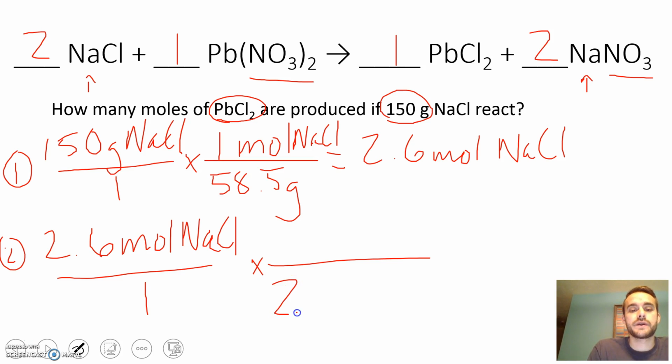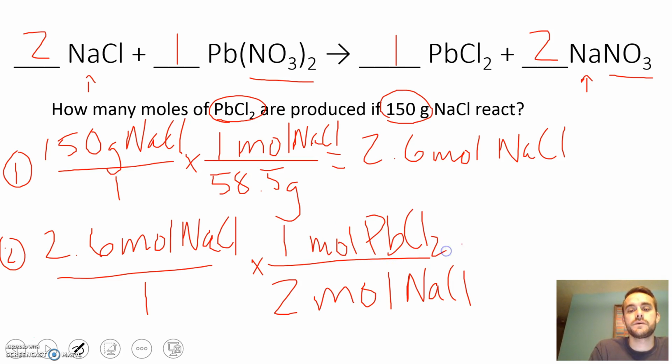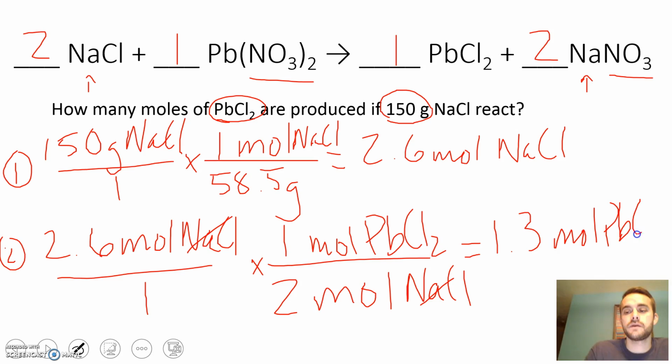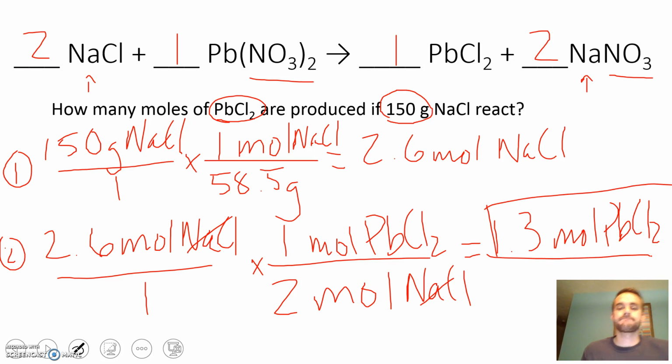So that ratio is, according to our equation, so that recipe at the top, 2 mole of NaCl for every 1 mole of PbCl2. NaCl cancels, and then if we look, that means that I have 1.3 mole of PbCl2, and that is your final answer. All right.